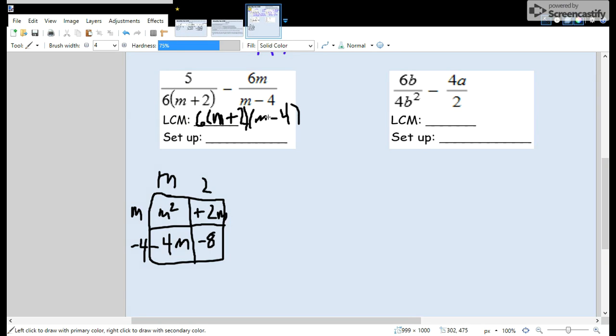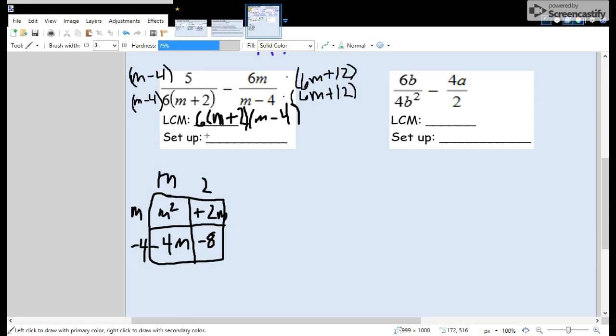Finding the complements is easy on these. You just multiply by the other denominator. So it will look like this. The 6m plus 12 came from multiplying the 6 into both of these terms.